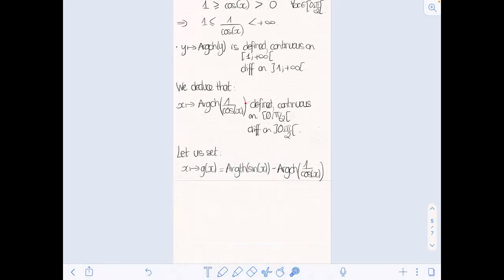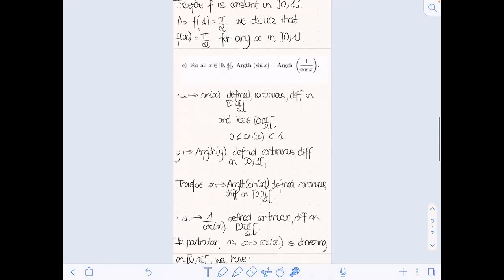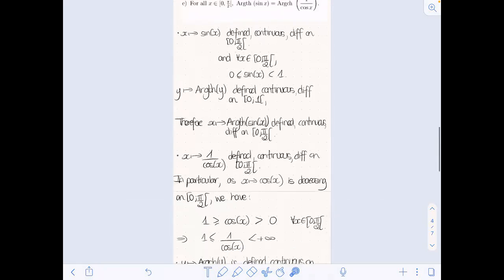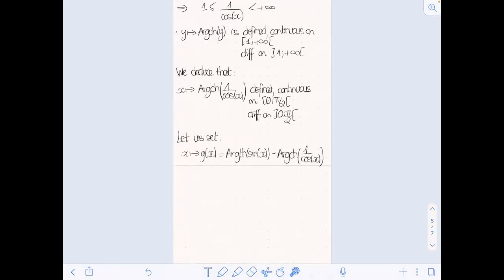So G is defined and continuous on the interval where we include 0, pi over 2, and differentiable on the open interval.